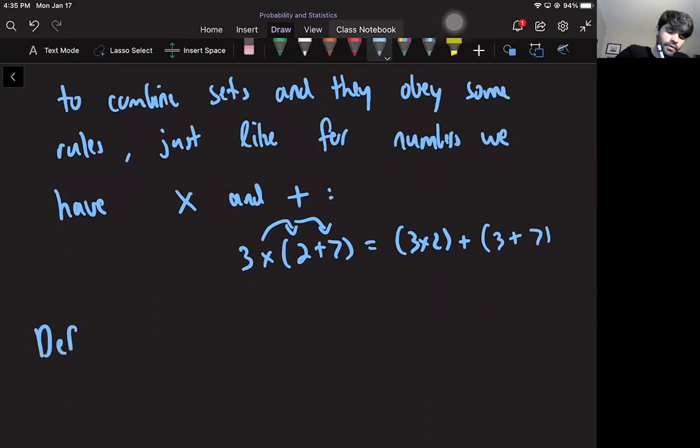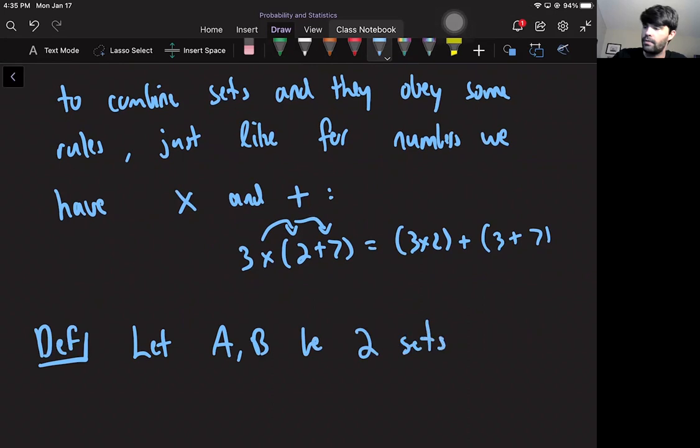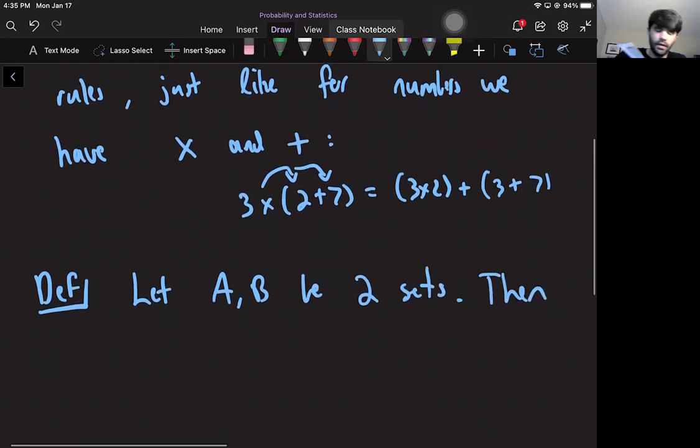Okay, so here's the first operation. So we need two sets, so we can stick them together. So we'll call them A and B. Then there is another set.